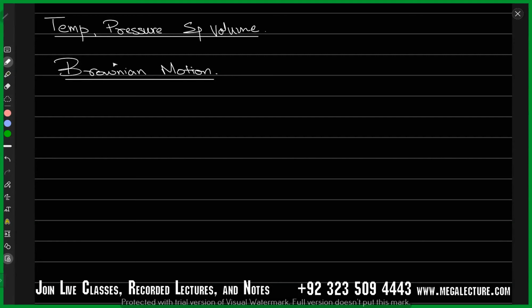And this motion was discovered by Robert Brown, hence it's called Brownian motion, right? And it has to do with the random motion of particles, even though these particles are not living.